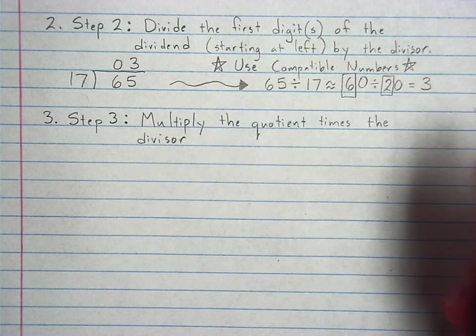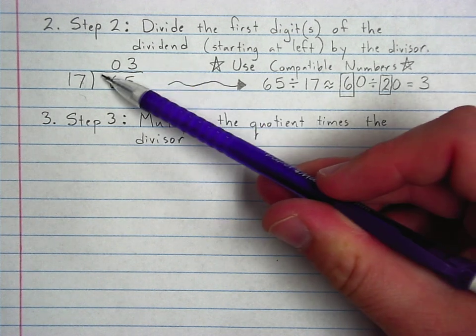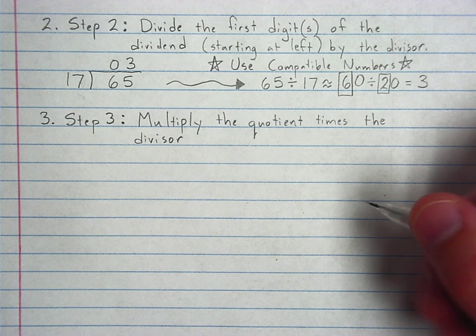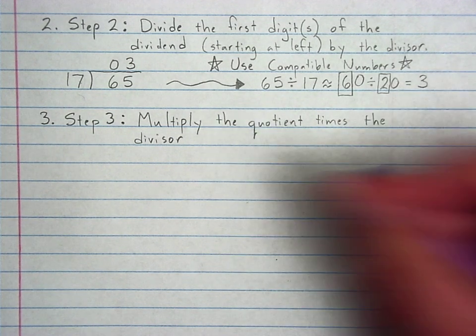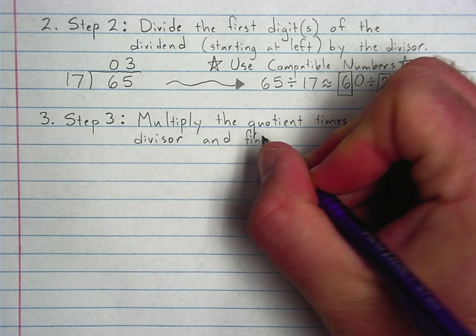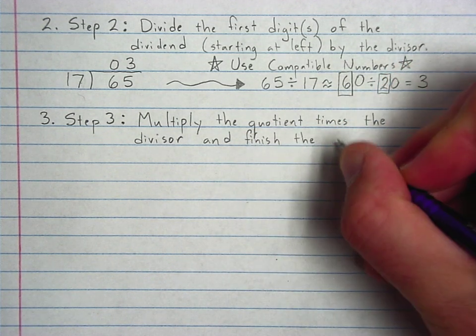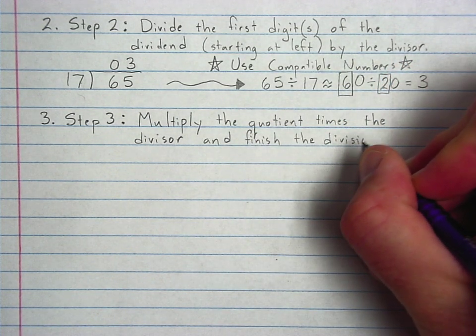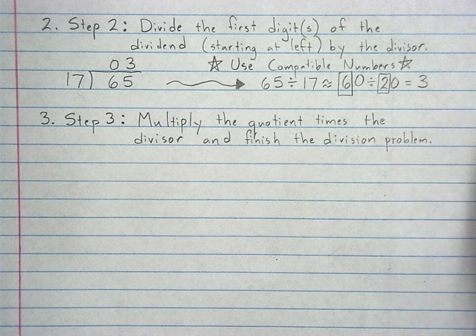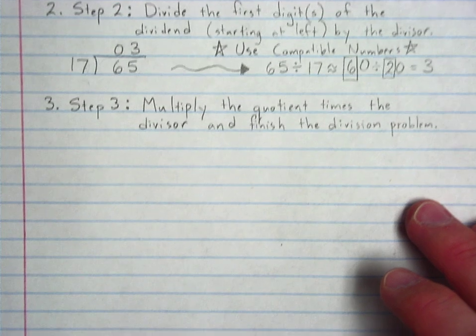So I'll show you in a moment, but in this case, 3 times 17, quotient times divisor. Multiply the quotient times the divisor and finish the division problem. There we go. Finish the division problem.